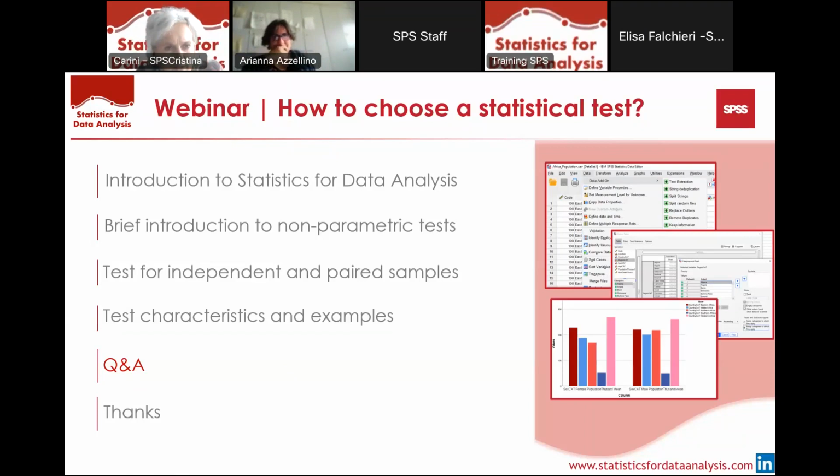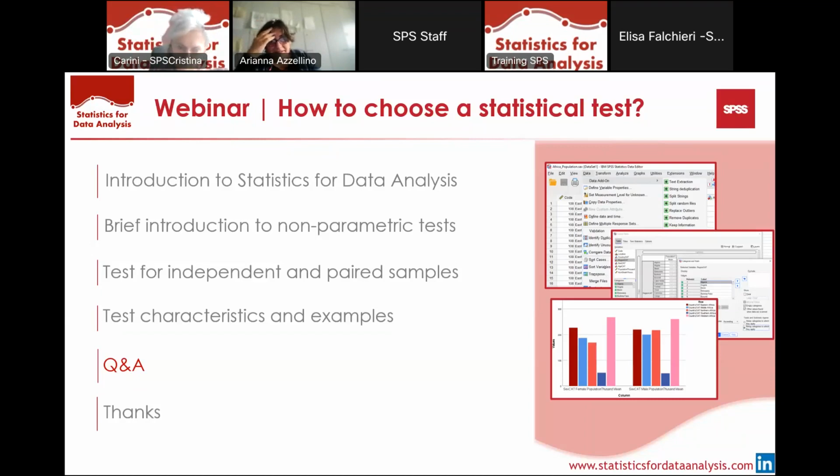Another question: what is the difference between parametric and non-parametric tests, which you talked about at the very beginning of the webinar? As I tried to explain, the main difference is the assumption about the test statistic, the sample mean.